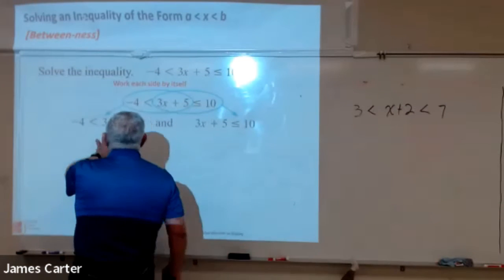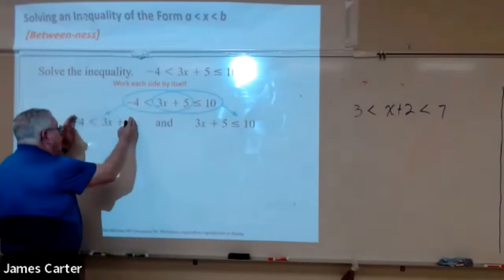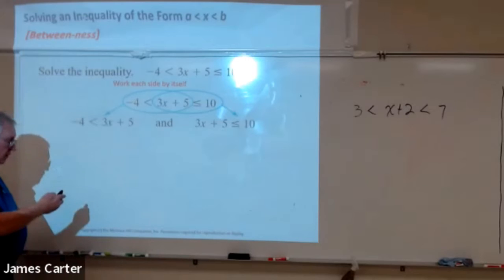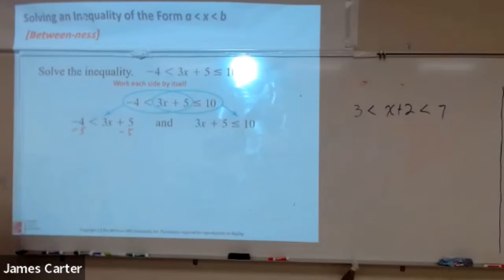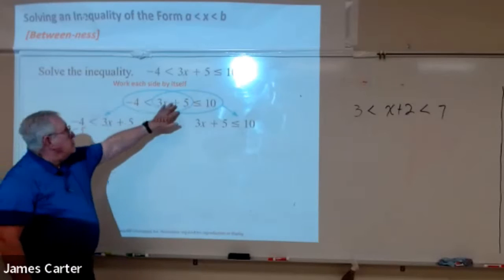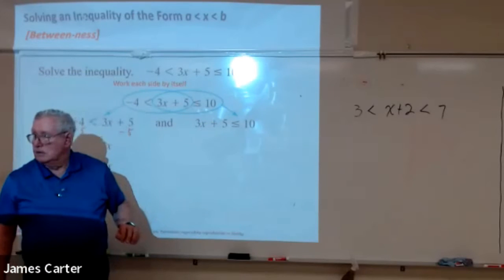So anyway, let's work this one. We've taken this half of it and we solve it. I'm just going to let them do it with some of my pre-made scribbles. We got one more question here. How do you know to take the 3x plus 5 into both problems? Because it's part of both problems.